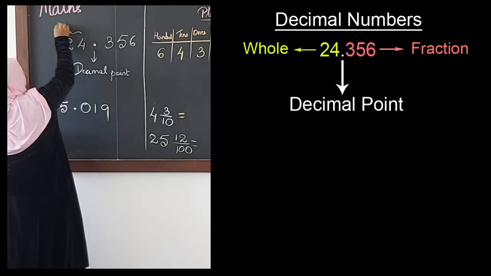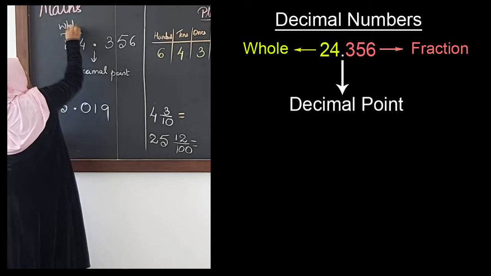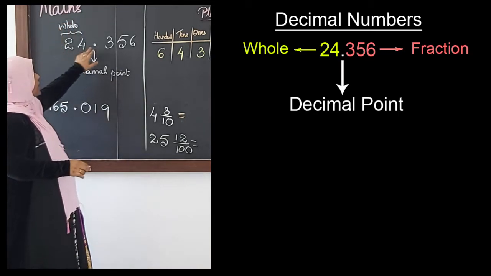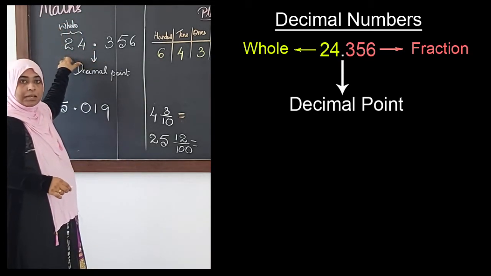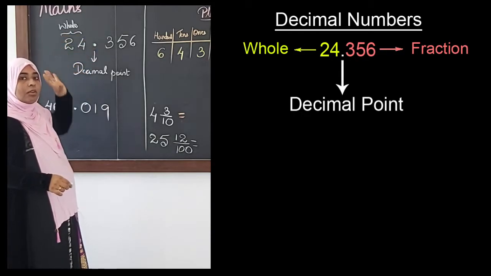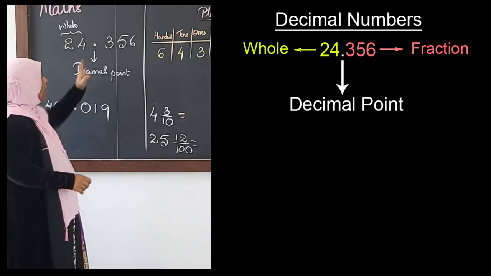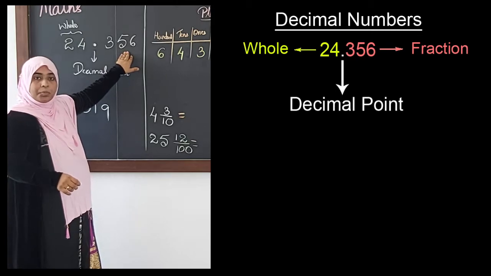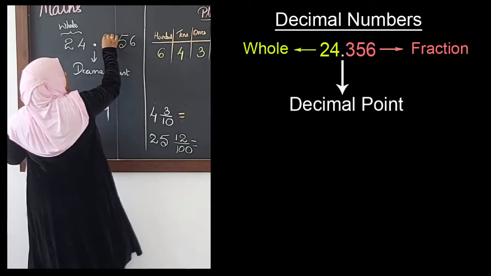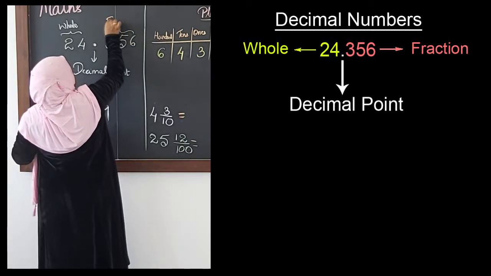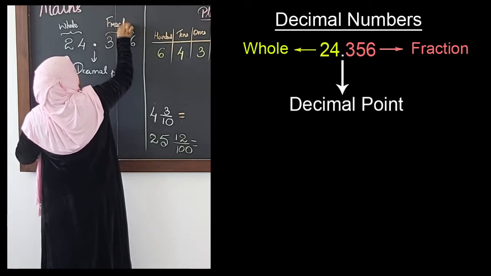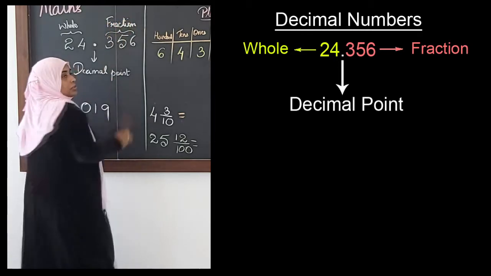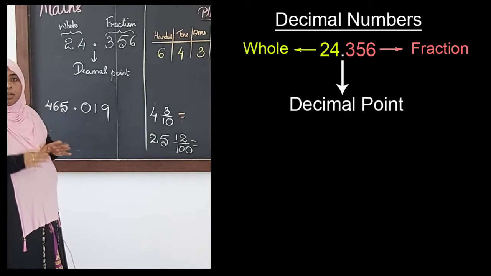This decimal point separates our whole number. This is our whole number: the number we write to the left side of the decimal point. And the numbers we write to the right side of the decimal point are our fraction, or fractional number.